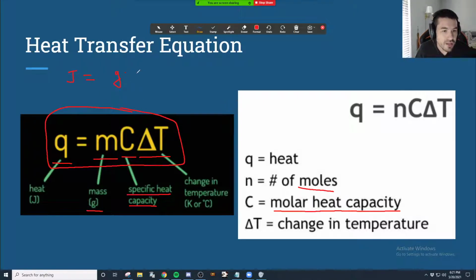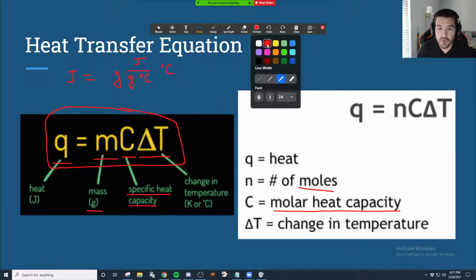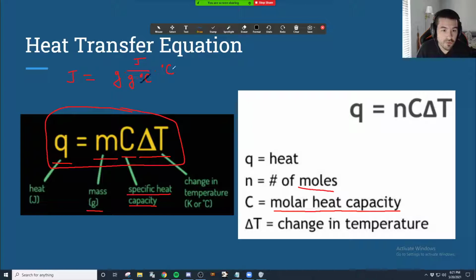Heat capacity is joules per gram per, we'll say, degree Celsius, okay? And then change in temperature, that's like a subtraction between temperatures. So it's going to be degrees Celsius, okay? Now, if you look at how the units cancel, degrees Celsius cancel, grams cancel, joules equals joules, okay? So the units work out.